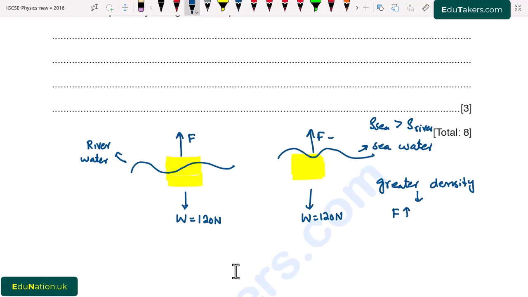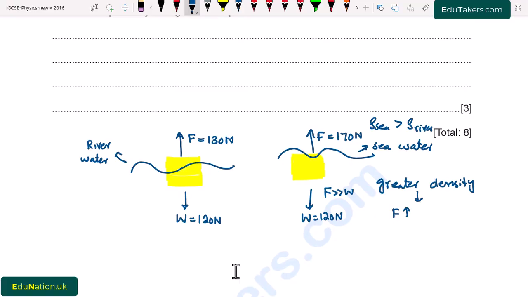So I suppose that this force has 170 Newton magnitude, while this force is 130 Newton. So here we can simply see that the force exerted by the sea water is greater as compared to the river water. So in the sea water, the force is much greater than the weight.